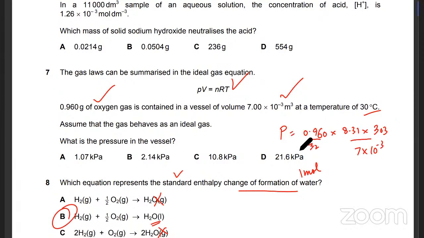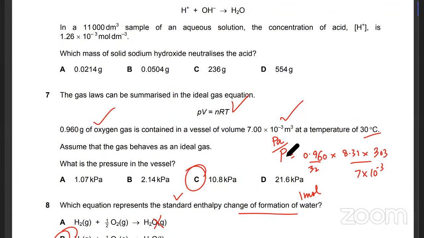Anyway, remember your pressure will come out in pascals. So the answers are given in kilopascals. So what is the answer? A? 10.8. Sir, C. See? Okay. Just be careful. The equation will give you the answer in pascals and the answers are written in kilopascals. So divide by 1000 at the end.